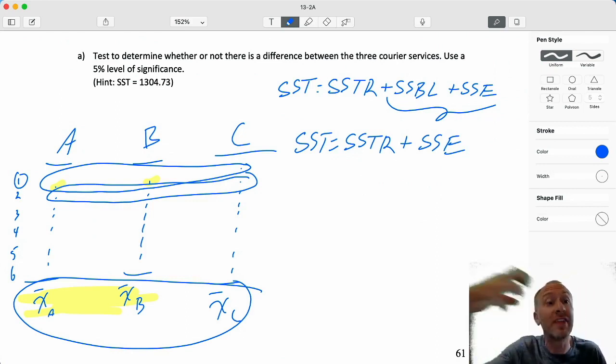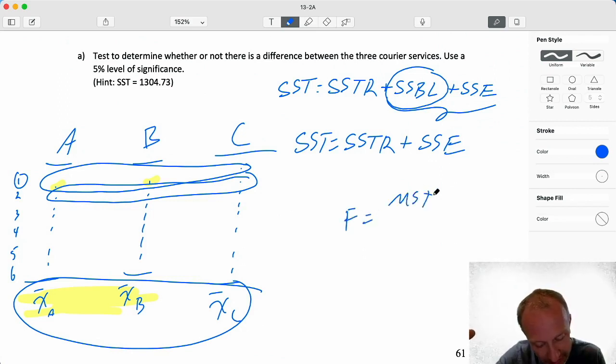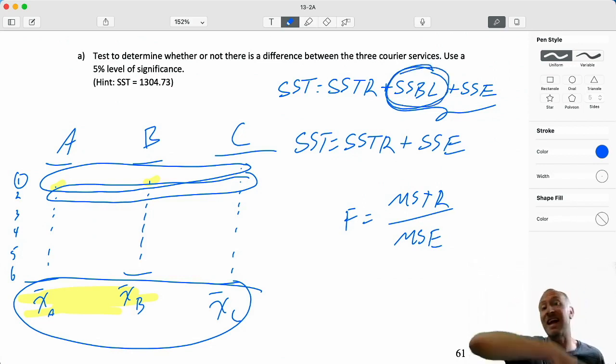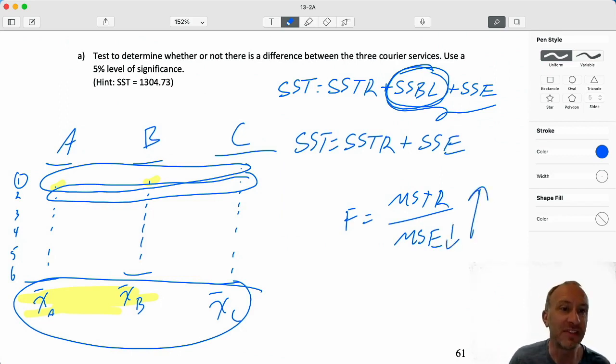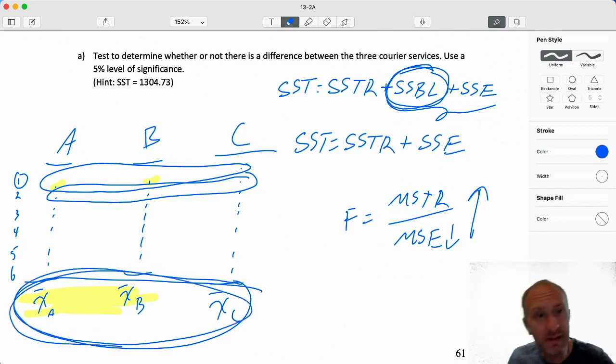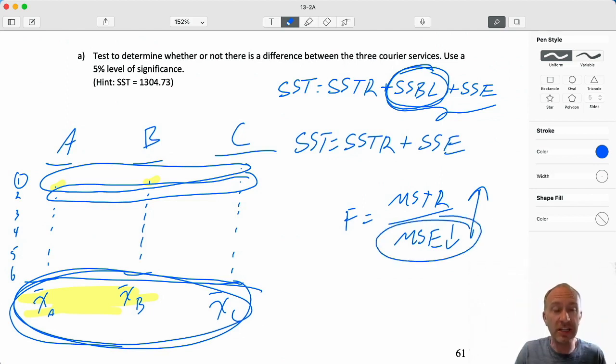So now when we remove that source of variation, SSBL, and then we calculate that test statistic, which is exactly the same test statistic as for the completely randomized ANOVA, well, now by taking that source of variation out of the equation, MSE is smaller, the F statistic is larger, which means that if there is a difference, it's easier for us to identify it because we've removed that one source of variation. And again, we end up with a more refined estimate of population sigma.